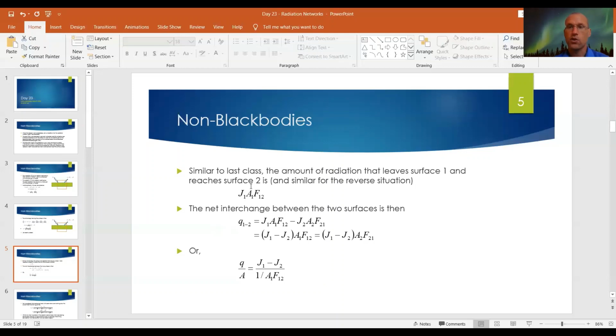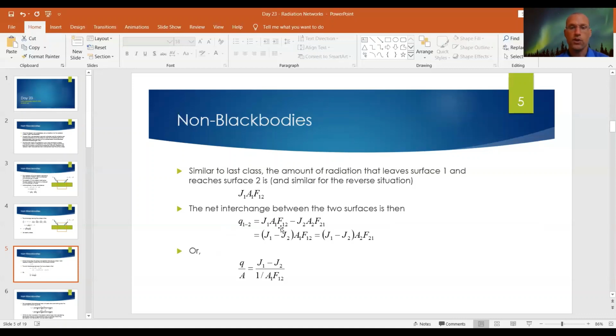I can then look at what's going the other way. So what leaves surface 2 and hits surface 1, and then the net interchange is just the difference of those two things. So Q between 1 and 2 is the energy from 1 hitting 2 minus the energy from 2 hitting 1. And so Q12, J1, A1, F12 minus J2, A2, F21.